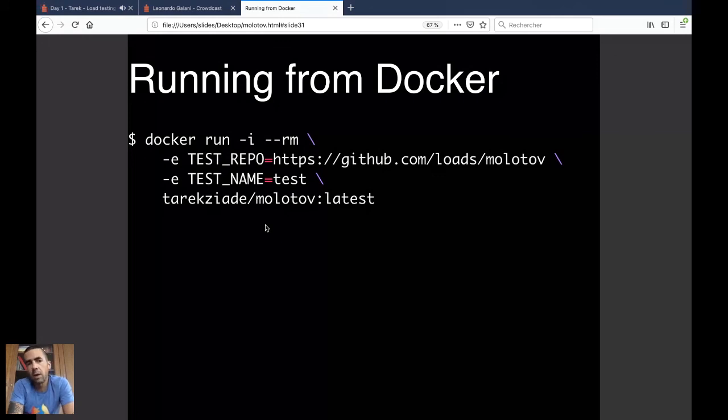So this two-level automation allows us to run Molotov in a continuous deployment environment just by running a Docker command.